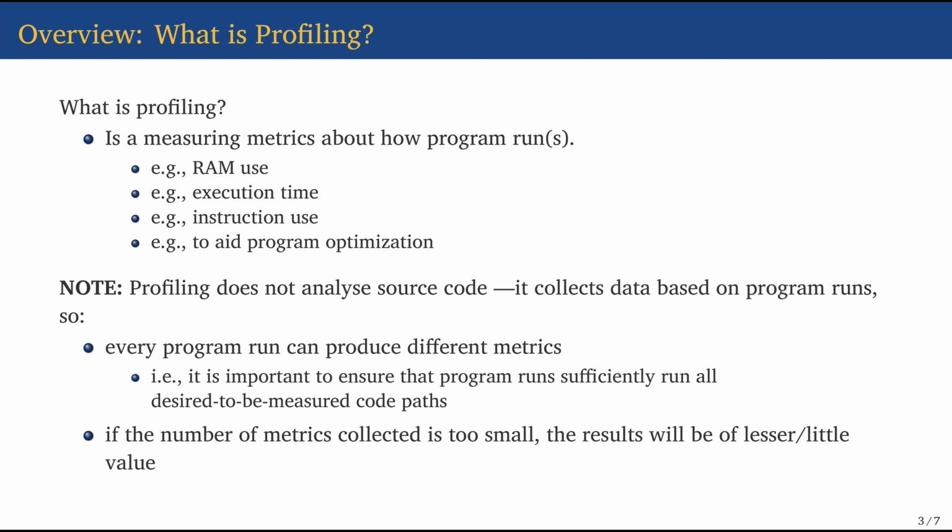Instruction use, or if you have source code and debug information there, you can see that mapped to your source code. There's also a need to profile code to aid program optimization. I'm not going to talk about that today, but most compilers have features where you compile with a special option, then you run the program once, and some of them let you run it more than once.